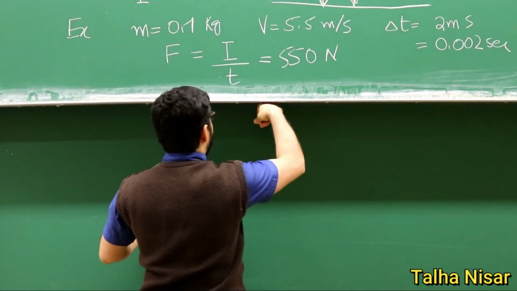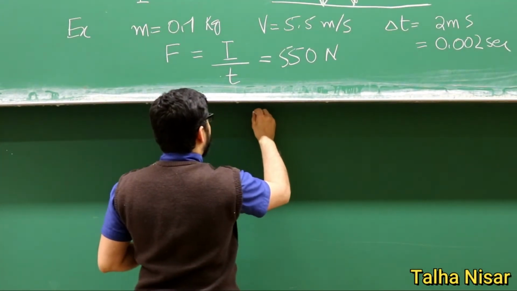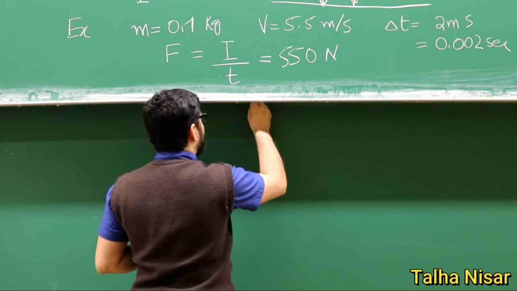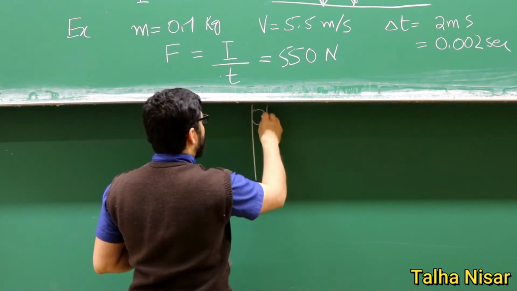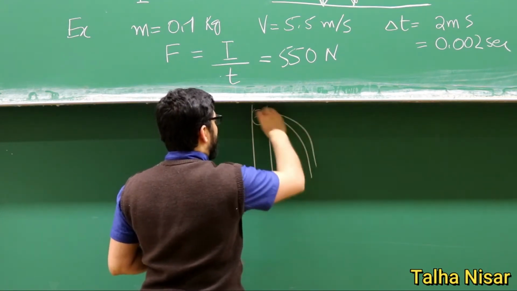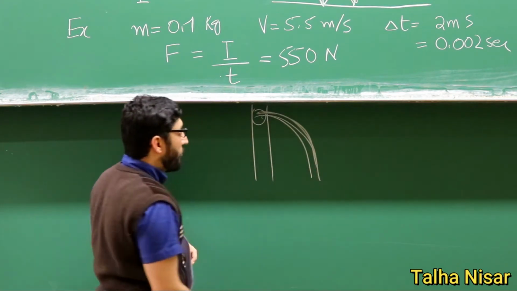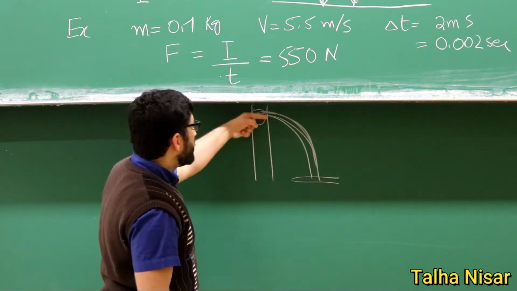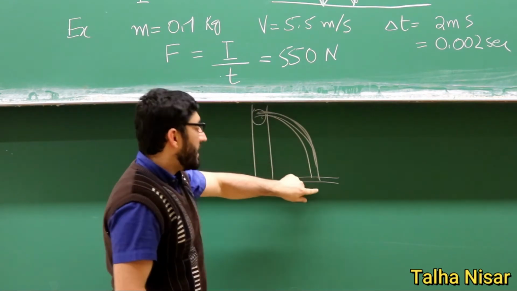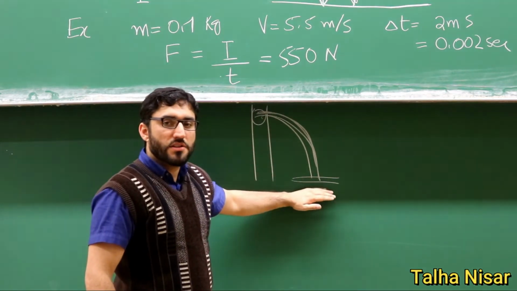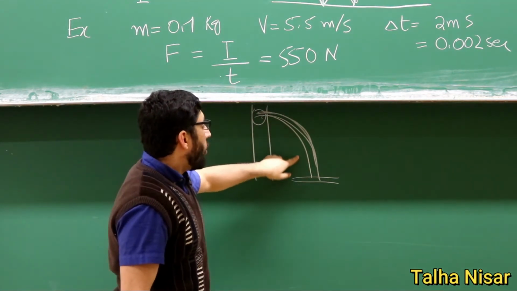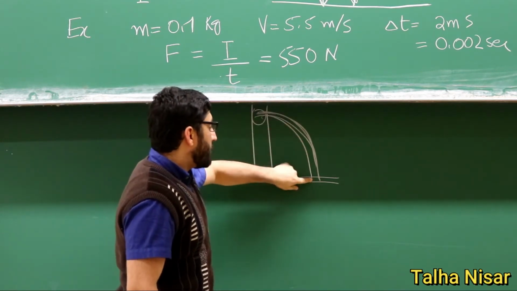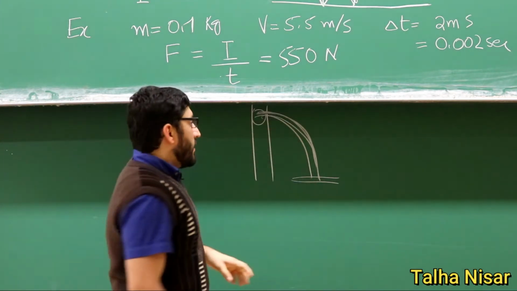For example, we have a flow of water coming from a small hole, and we have a generator here. The kinetic energy is transferred to electric energy by the generator, and we want to know what force is applied here.